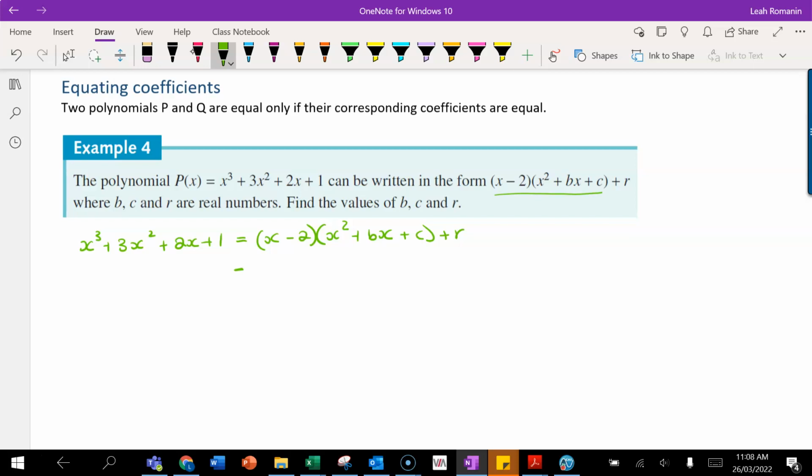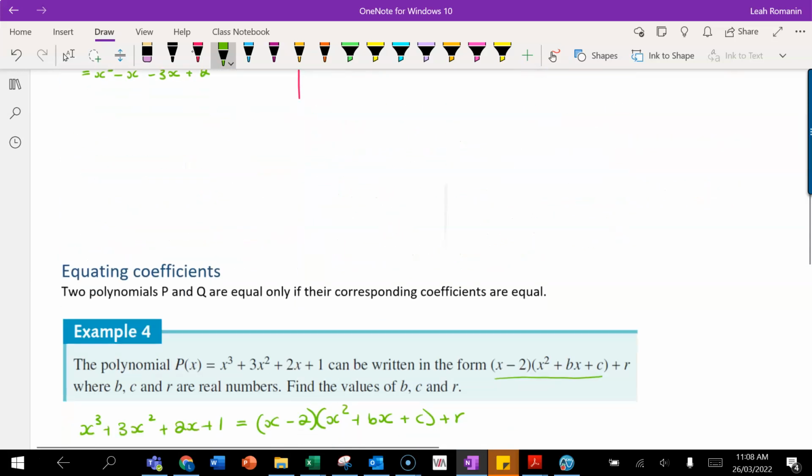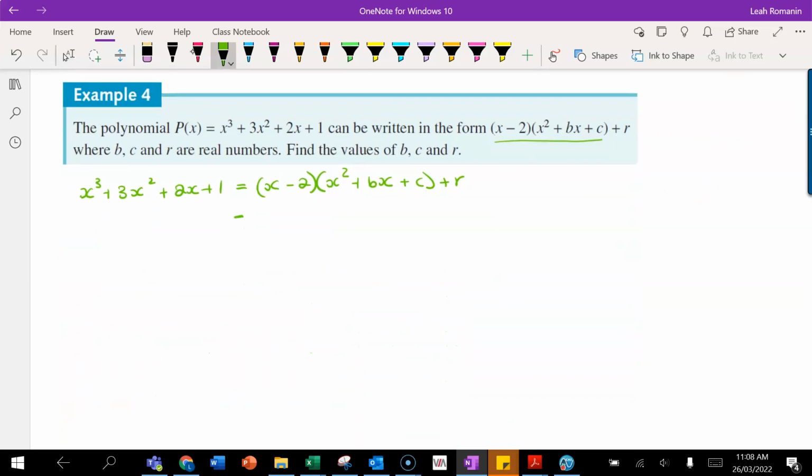So if I was to do what I had done above with my p and q here, where I've multiplied all the terms by each other, I could say that x could be multiplied by x squared plus bx plus c, and then I could also have that negative 2 multiplying x squared plus bx plus c, because that's technically what we're doing. We're multiplying x by each one of these terms, and then we're multiplying negative 2 by each one of these terms, and then the r is separate on the end.